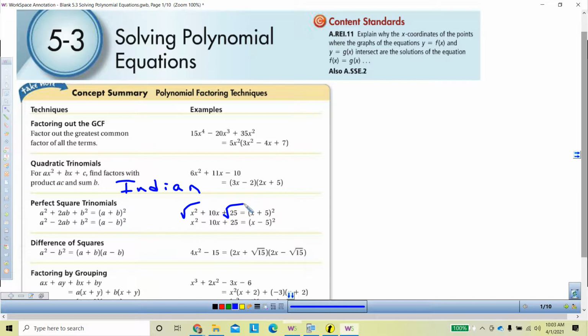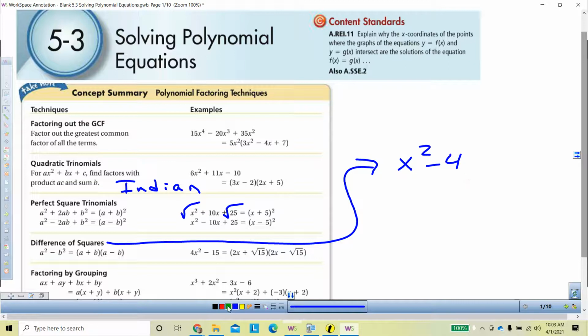Sum and difference of squares. This example they gave right here is awful. This example is better. So if we just think about that, I can square root the A and the C term again, right? I'm missing the B term. The B term is 0. So square root of x squared is x. Square root of 4 is 2.